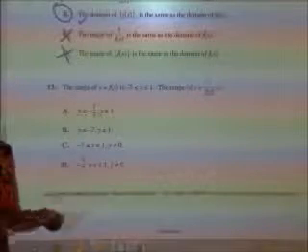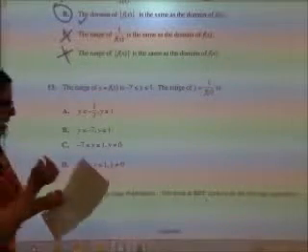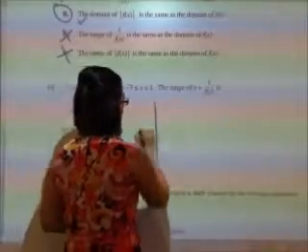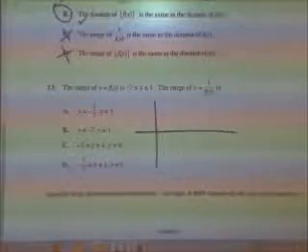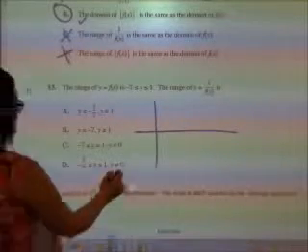Okay. The range of y equals f of x is between -7 and 1. What is the range of the reciprocal function? So to do this, let's think about our graph. Okay? Our graph goes from -7 to +1.